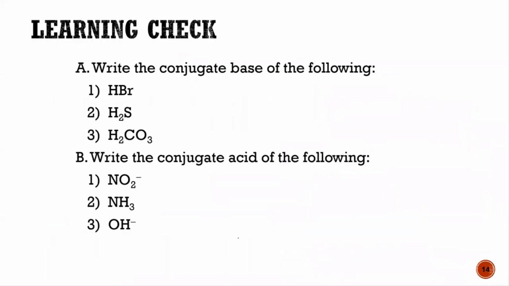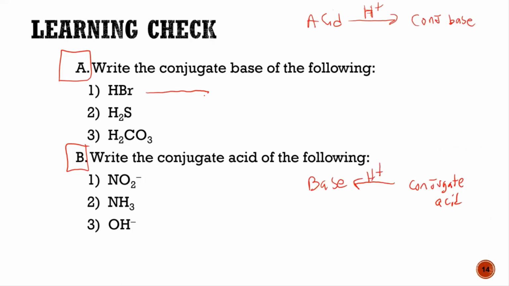So for each of these, can you write the conjugate base for the A's, right? And then can you write for the B's the conjugate acids? So what would be the conjugate base for hydrobromic acid?